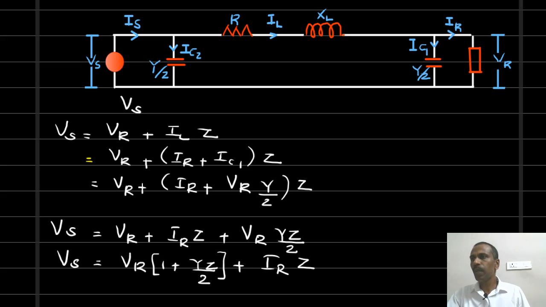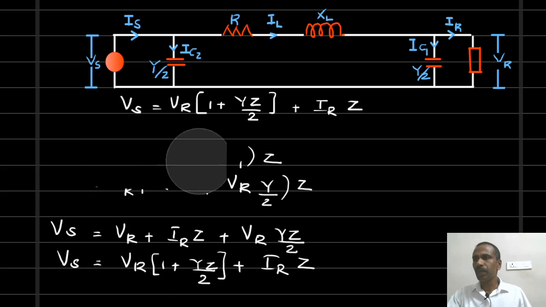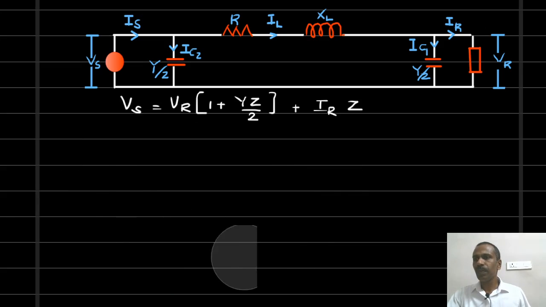So Vs equals VR into 1 plus YZ by 2 plus IR into Z. So we got the voltage equation in terms of receiving end voltage and receiving end current.